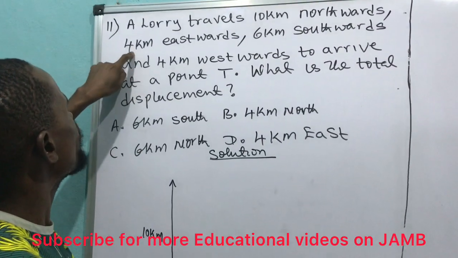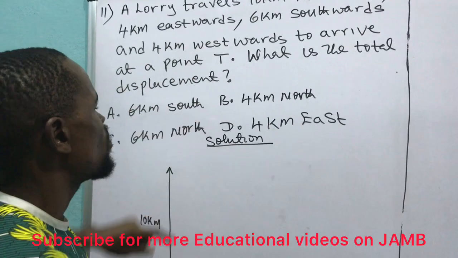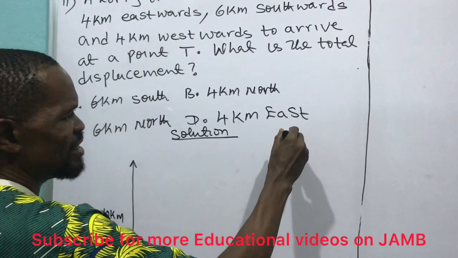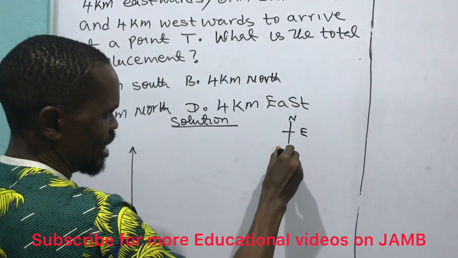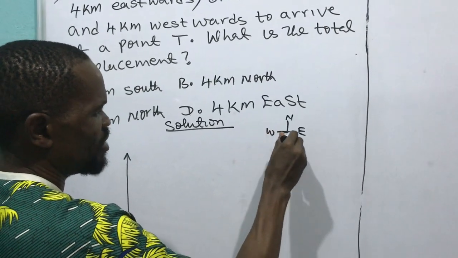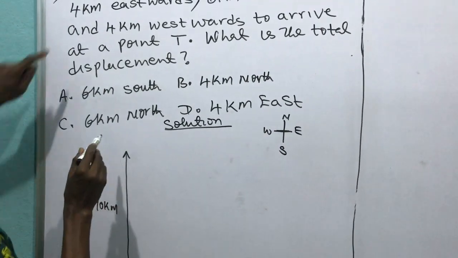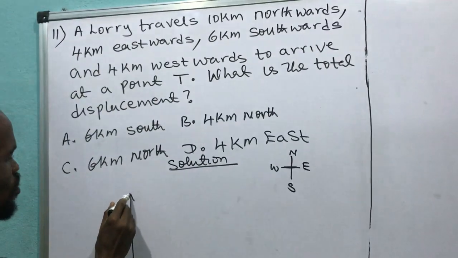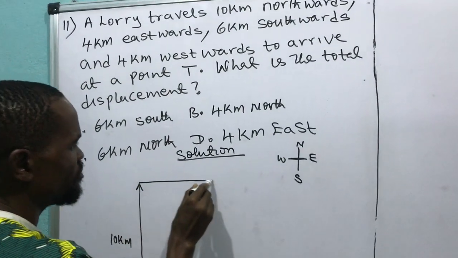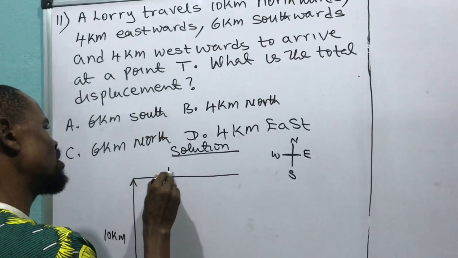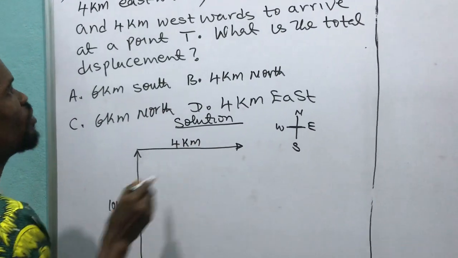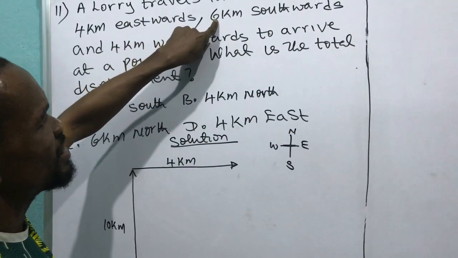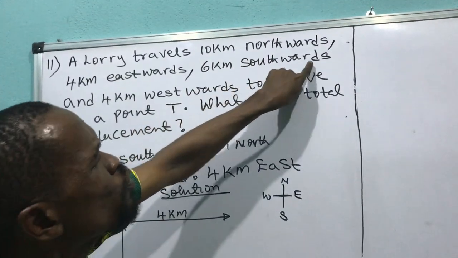They said 4 kilometers east. Where is the east? You remember, this is my north, east, south, and west. So he traveled 4 kilometers eastward. He moved this way. They said again, 6 kilometers southward.